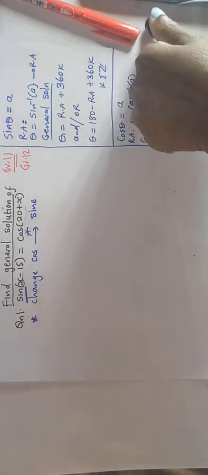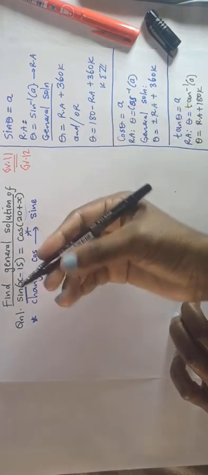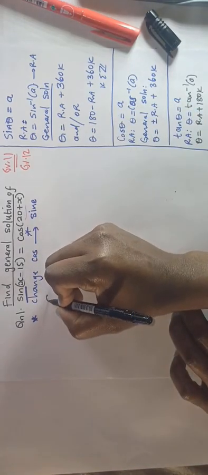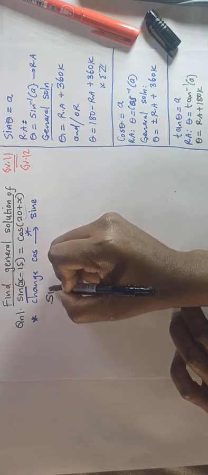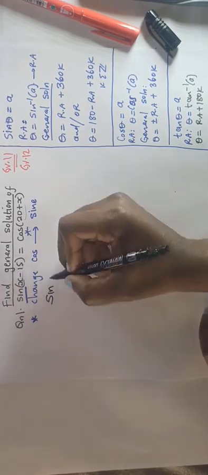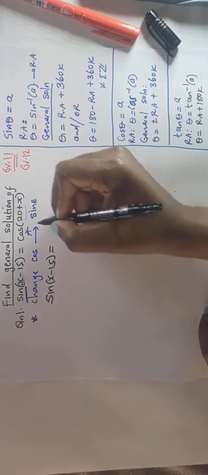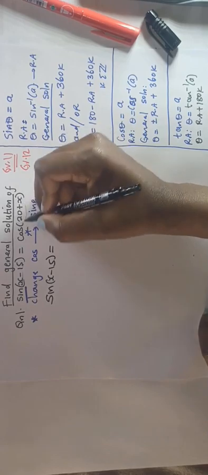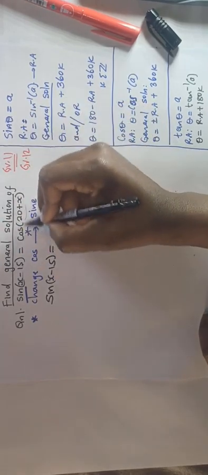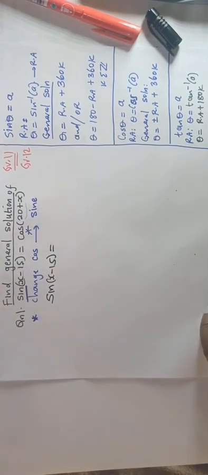If I want to change this cosine to sine, I'm not affecting the sine on the left, so sine(x - 15°) remains. On the right, I want to make the cosine become sine.